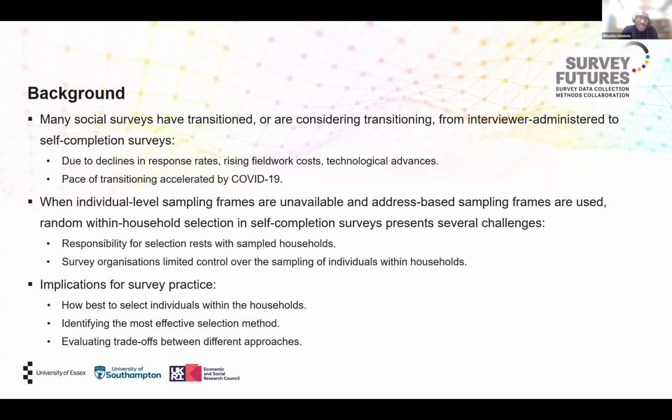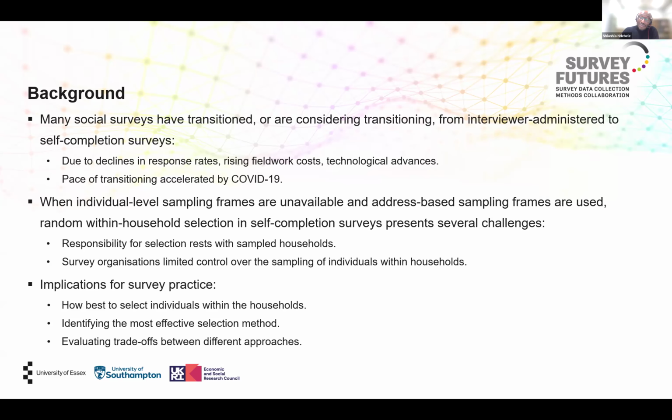Now, this transition was exacerbated in terms of pace by the COVID-19 pandemic, with a shift now towards self-completion methods.